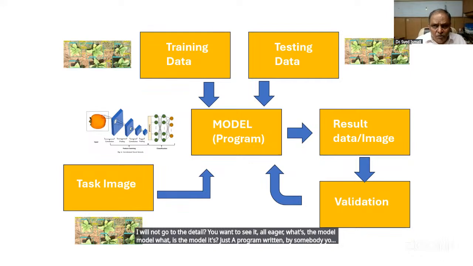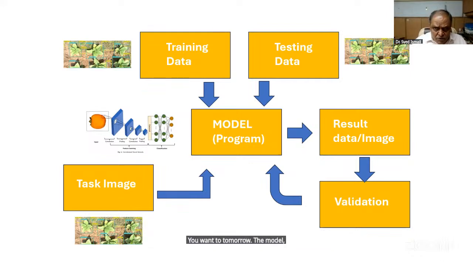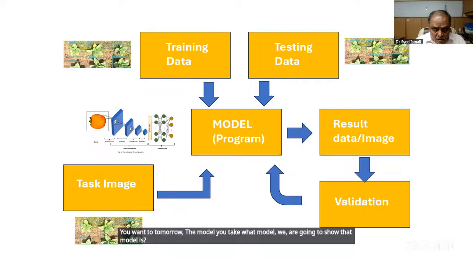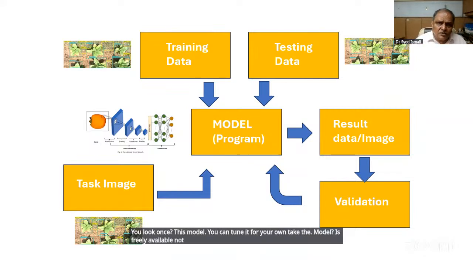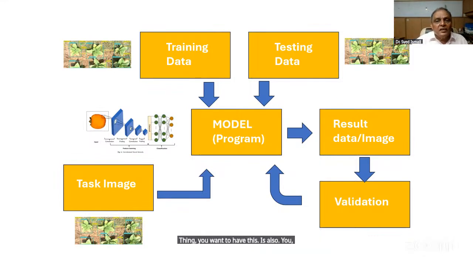Tomorrow, the model we are going to show is YOLO, You Only Look Once. This model, you can tune for your own use. The model is freely available, not exactly freely, but most of the time it's freely available. You can use it to train for anything else you want, diseases also. You can do the training with whatever machines you have, and the data will be with you.